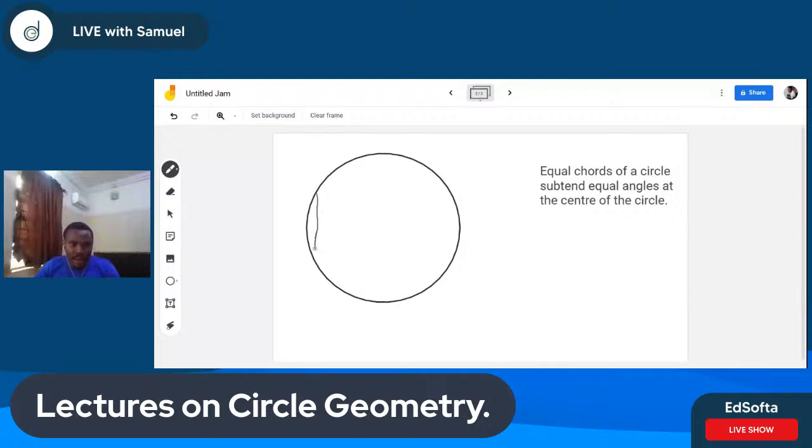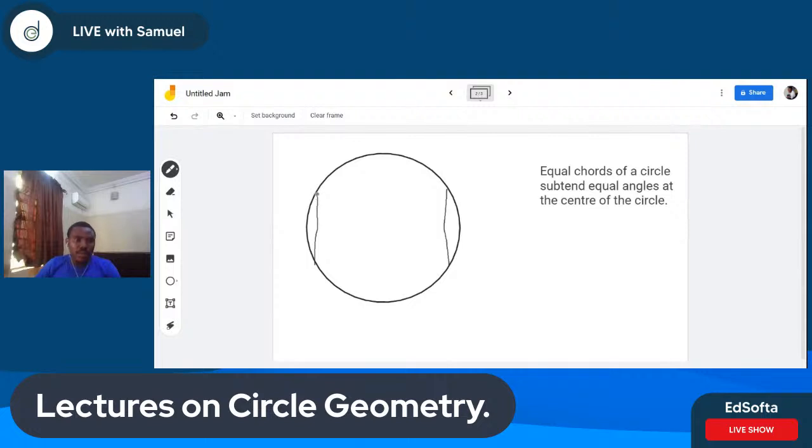So you have a line here, you have another line here. They are saying that if the two chords on each side, please don't mind my chord that is not straight, but just imagine.